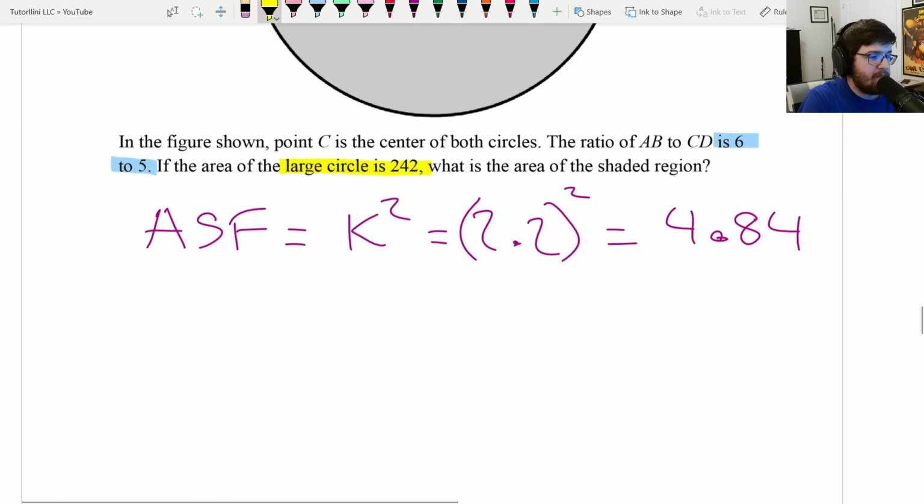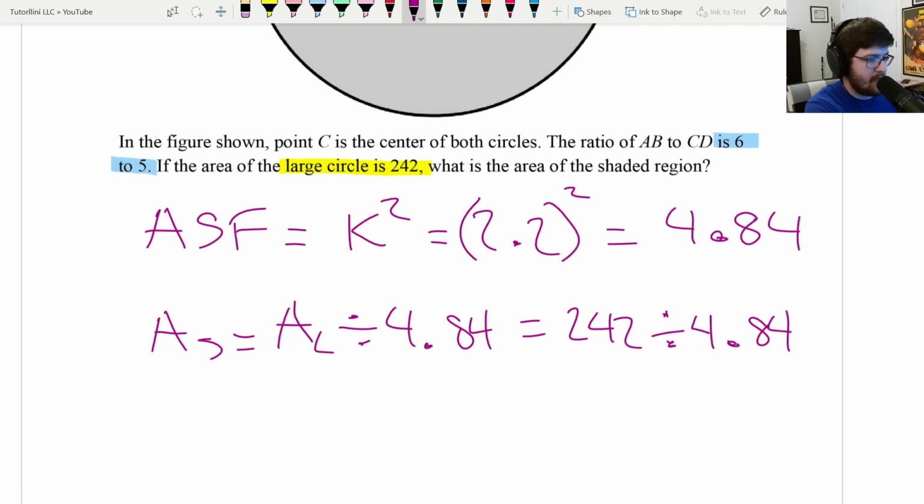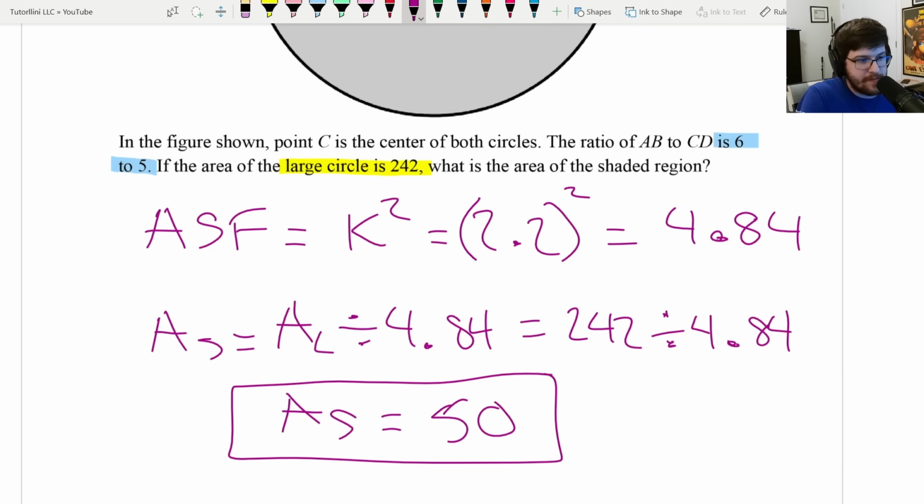So the area of the small circle is the area of the large circle divided by the area scale factor, the way I defined it. So 242 divided by 4.84, and the area of the small circle, let's see what that gives us, is 50. Great, that came out really nice.